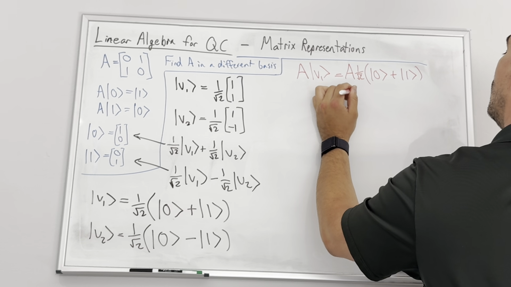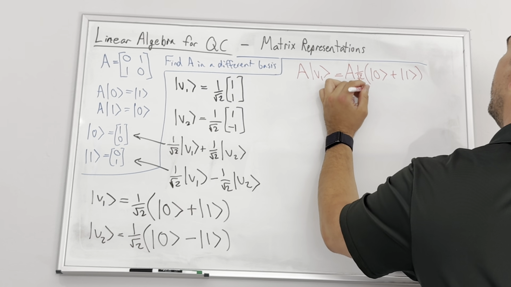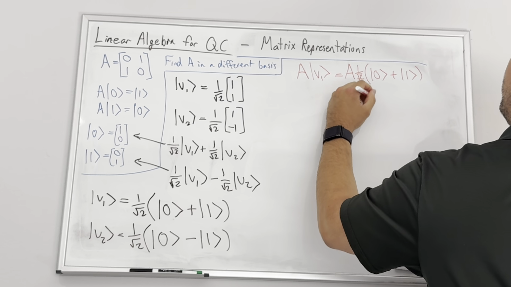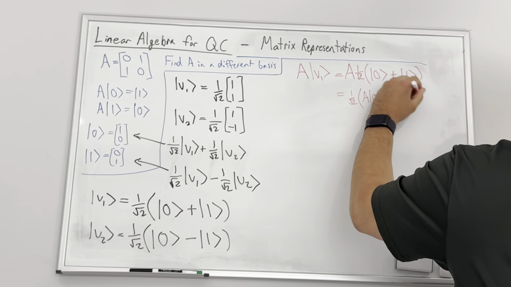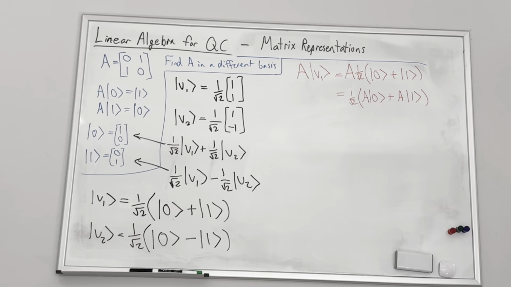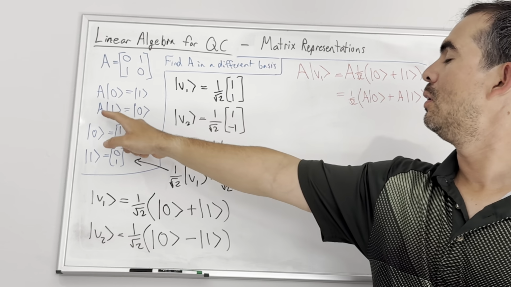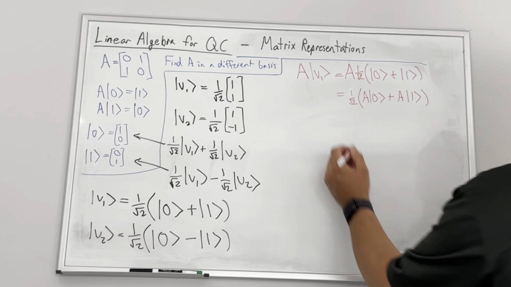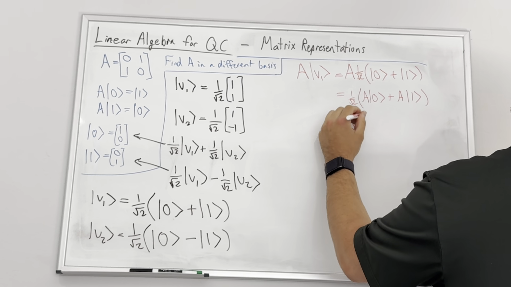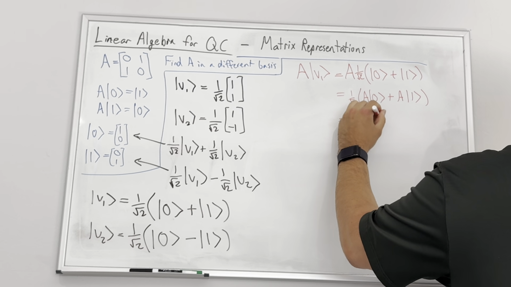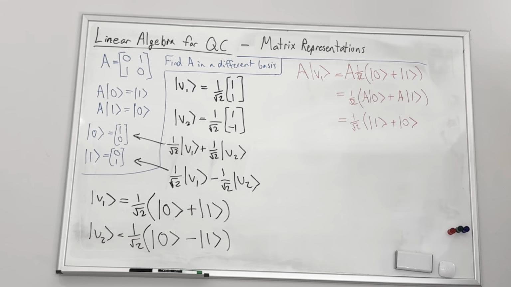So it's going to equal 1 over root 2 of A0 plus A1. Well, by definition, A applied to 0 is 1, A applied to 1 is 0. So really, this equals 1 over root 2 of vector 1 plus vector 0.